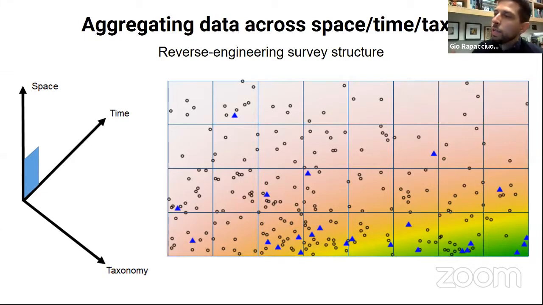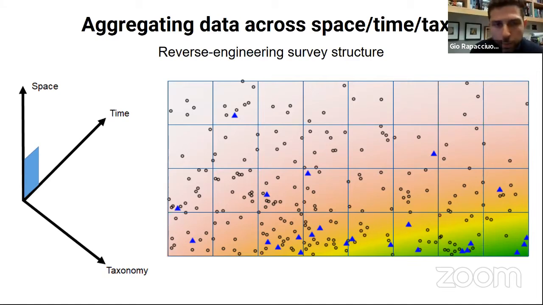What we can do here is basically virtually throw some quadrats across this landscape and start combining some of these blue triangles together in an observation event. So I've been talking about observation events, and what that really is, is a footprint of a space, time, and taxonomy that allows you to combine together observations and think of those as one sampling event or one sampling visit.